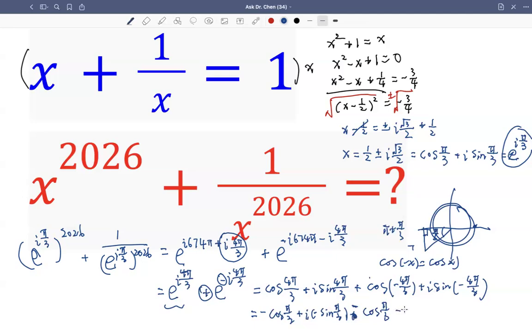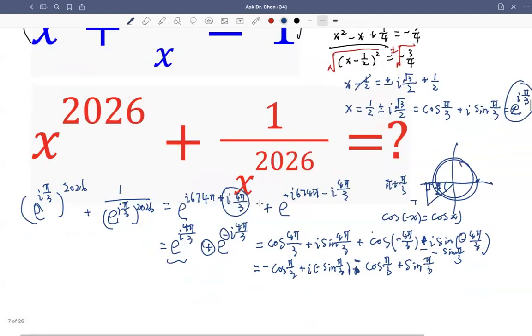Then plus, sine of negative is negative. So the negative can be outside, then sine 4 pi over 3 is negative sine pi over 3. So negative becomes positive. That's positive sine pi over 3.